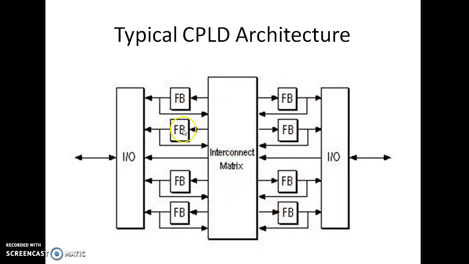The functional blocks are used according to the requirement. If it is a very complex function, all the functional blocks are used. If it is a simple function, only one functional block is activated, and all the remaining functional blocks are deactivated. So I can say this is one PAL, this is another PAL; like this the functional block can be assumed as a PAL here, right?